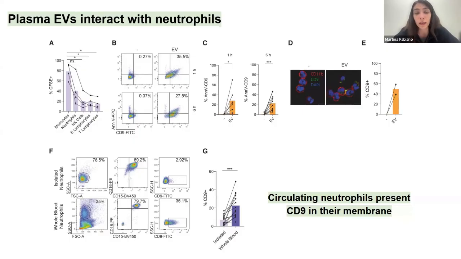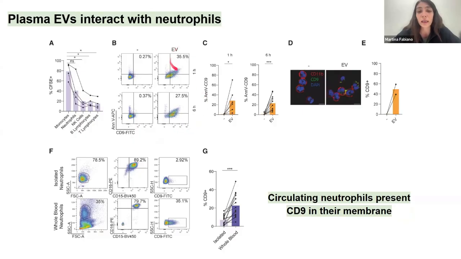So we decided to go further in the analysis of this interaction, and we took advantage of neutrophils not expressing CD9 at all, and that recently isolated neutrophils do not expose phosphatidylserine in their membrane, at least not in a high amount. So we analyzed the interaction between EVs and neutrophils by these two markers, annexin 5 and CD9. We spiked isolated neutrophils with extracellular vesicles, and after 1 hour and 6 hours, we evaluated phosphatidylserine and CD9.